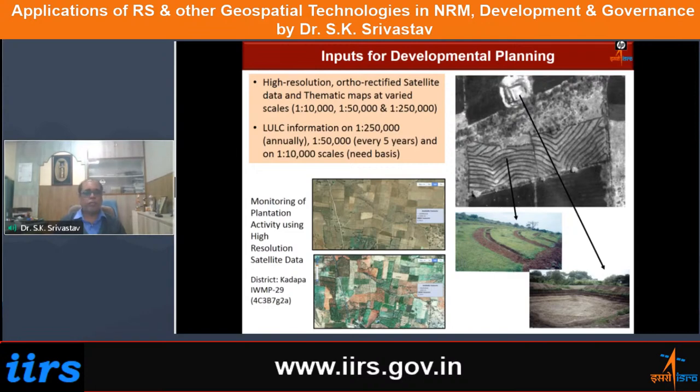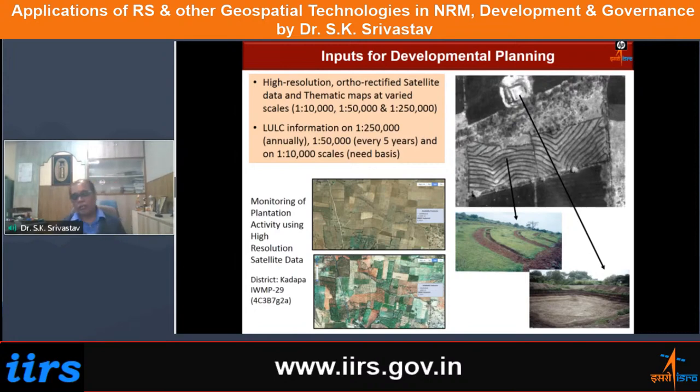Very few places show some green dots indicating vegetation, but otherwise it is more or less lying barren. But look at the bottom picture, you will see many of the areas are covered with plantations. They are showing green color now, and you can see those dots which show the individual plants because it is a high resolution image. So there is a huge difference between the top image and the bottom image, and that is how one can monitor plantation activity.